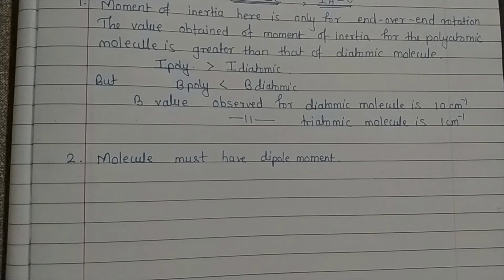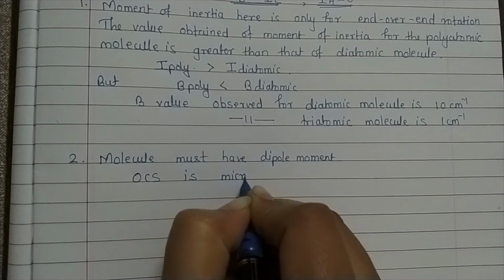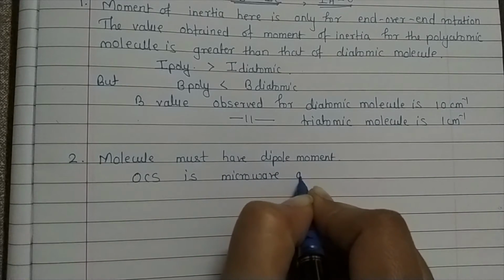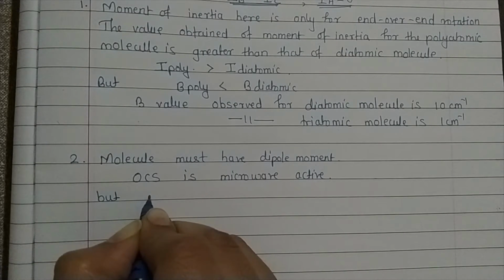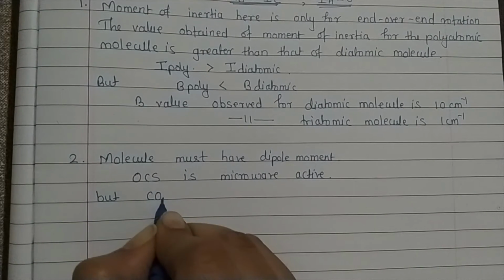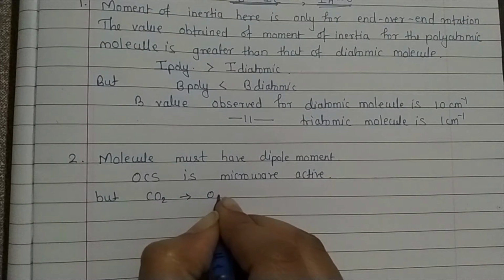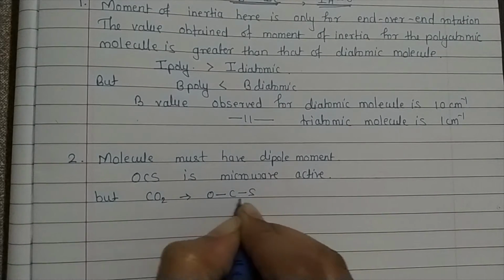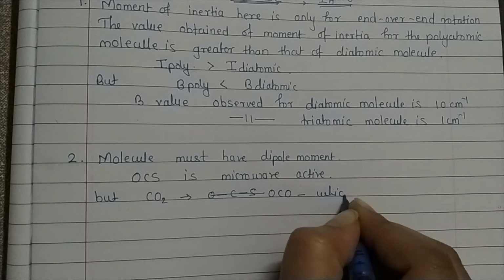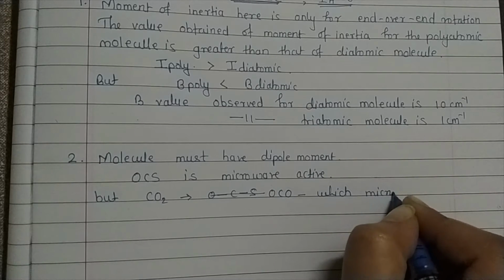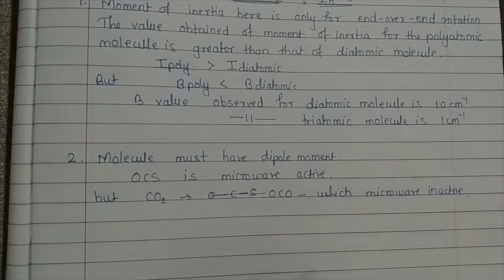So OCS is microwave active, but carbon dioxide, which can be written as OCO, is microwave inactive.